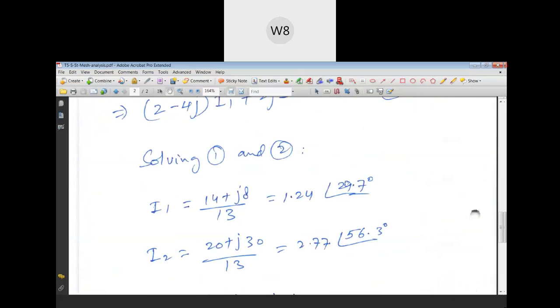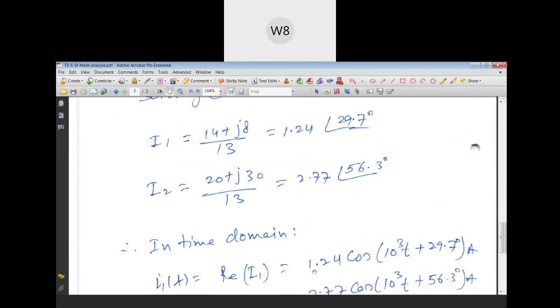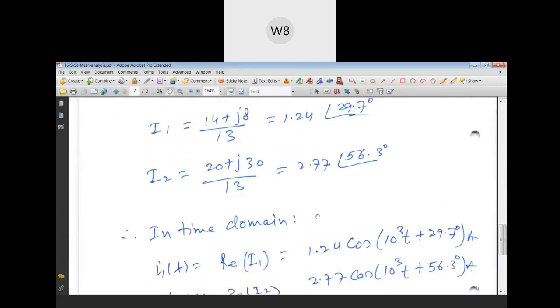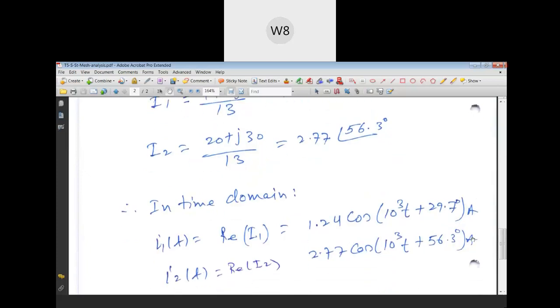The additional phase is the phase that we have found out, and the amplitude is the magnitude that we have found out. So in the time domain, I1 will become simply 1.24 cosine of 1000t plus 29.7 degrees, which we found here. And I2 will be 2.77 into cosine of 1000t plus 56.3 degrees. Of course, the unit is going to be ampere.